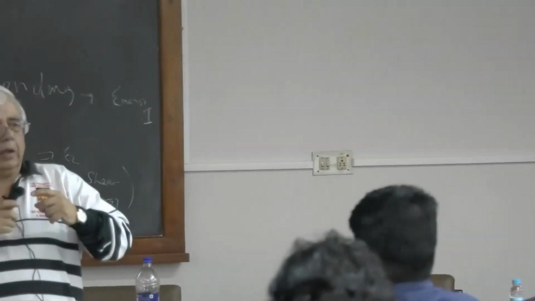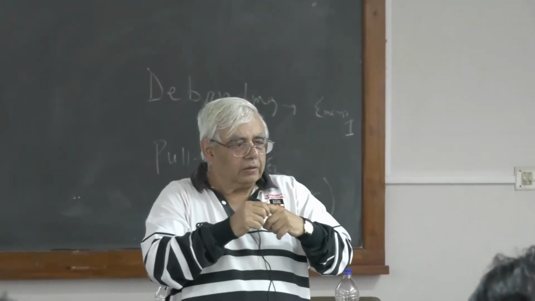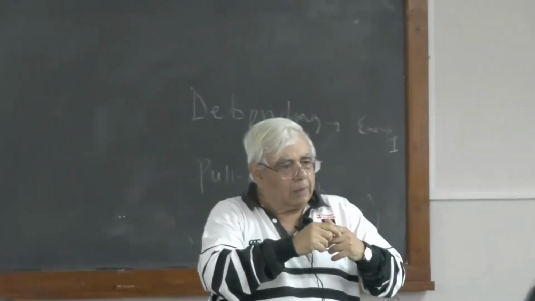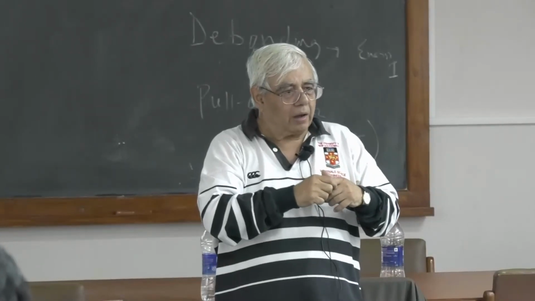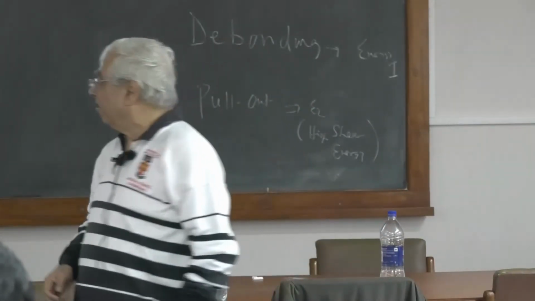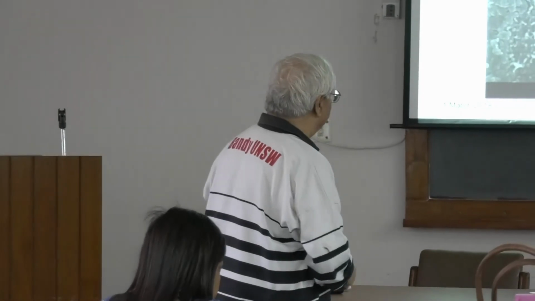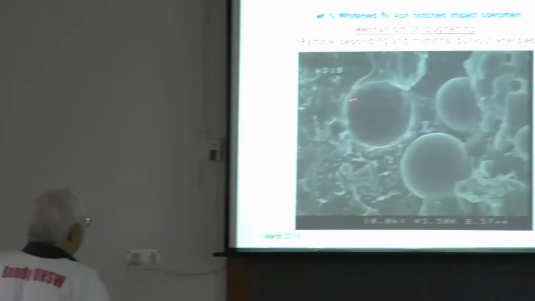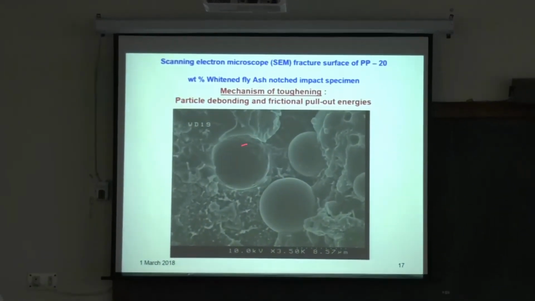But if the debonding and the shear removal energy is very low, then it will take much less energy. Here it goes to a high value because it has to work hard to do that, okay? So that makes it useful. And also you can see here, can you see that the fly ash has a layer of polypropylene there?